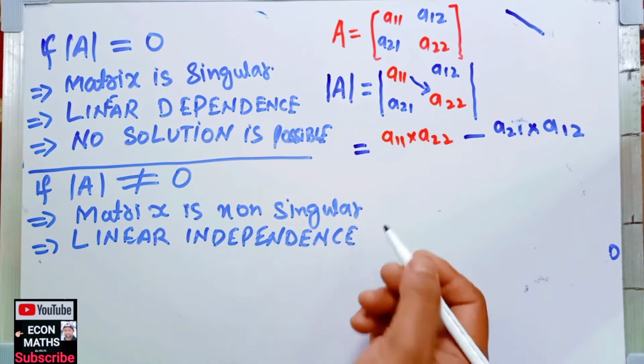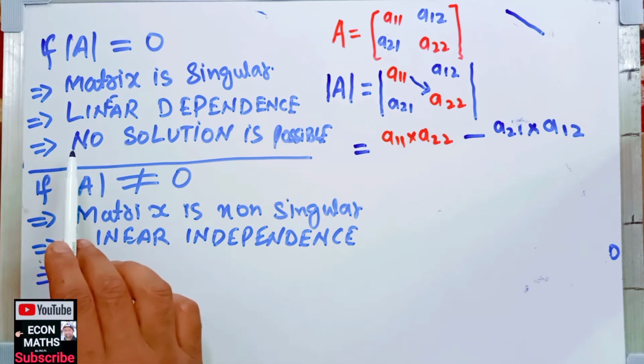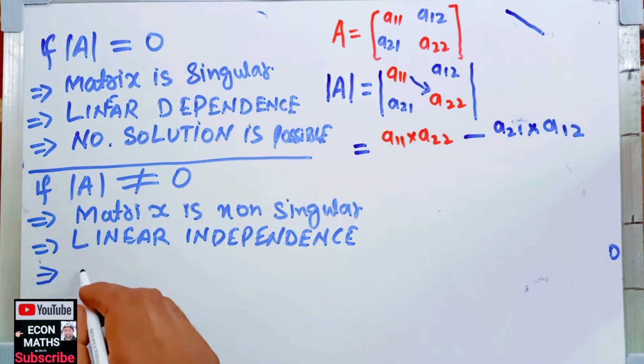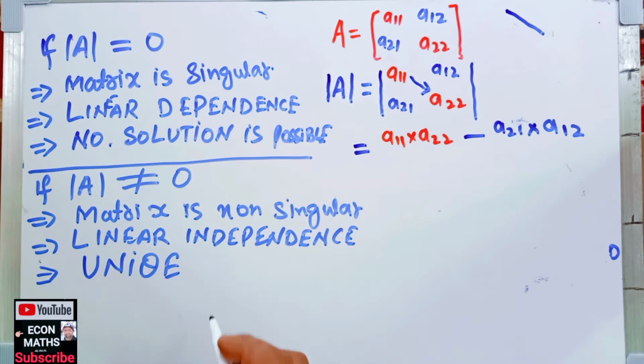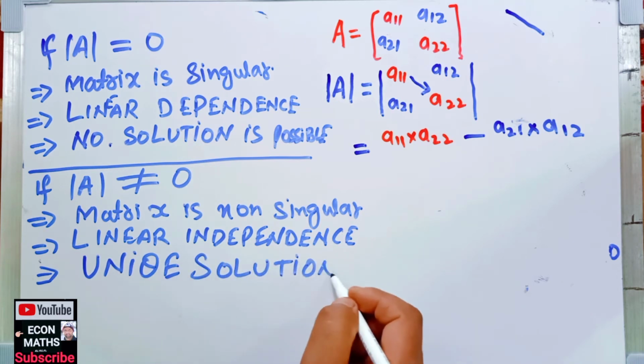Now this means if there is linear independence, we have a unique solution.